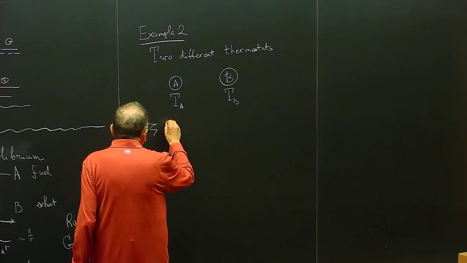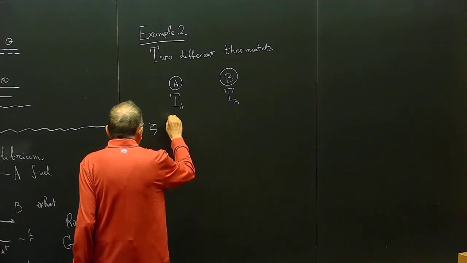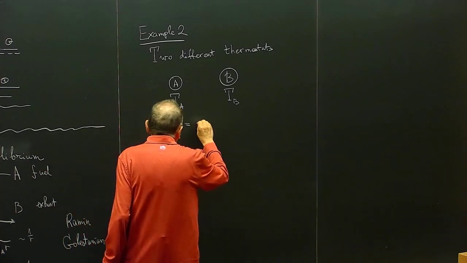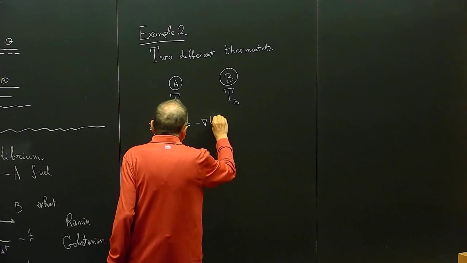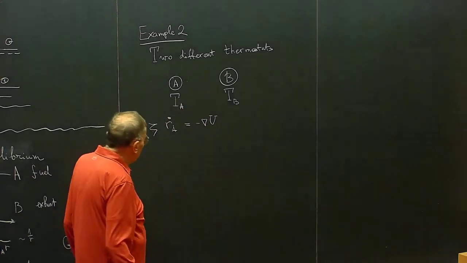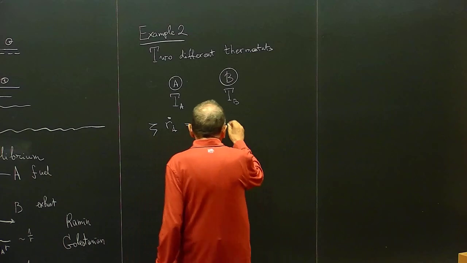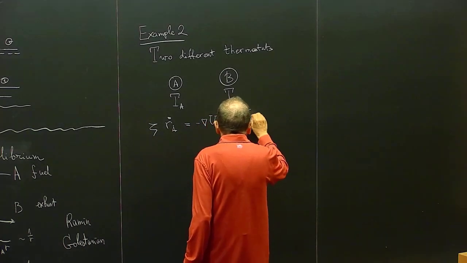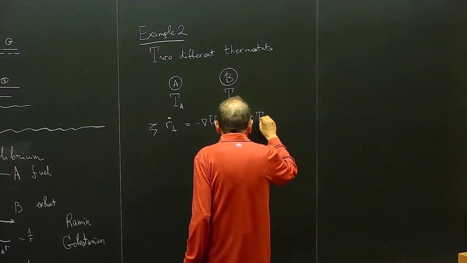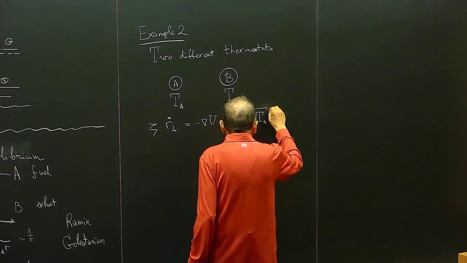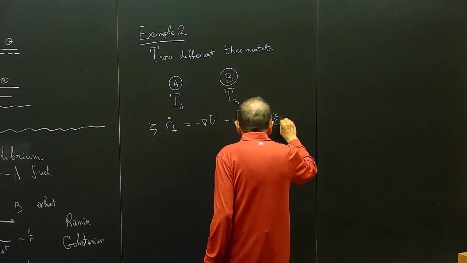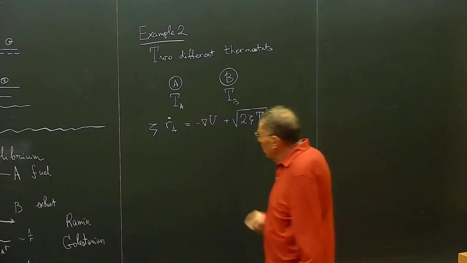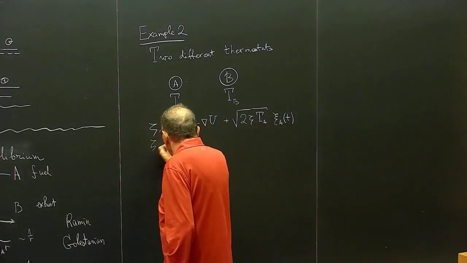So you have a Langevin equation for particle A. If they interact with some potential U, then there is a force minus gradient of potential, and then there is a Langevin random force, which is proportional to the square root of temperature, and there is a random delta-correlated Langevin force. Similarly, there is a second Langevin equation.